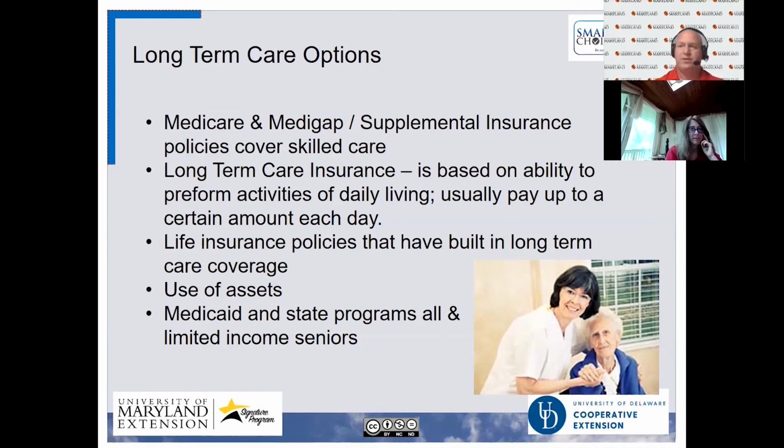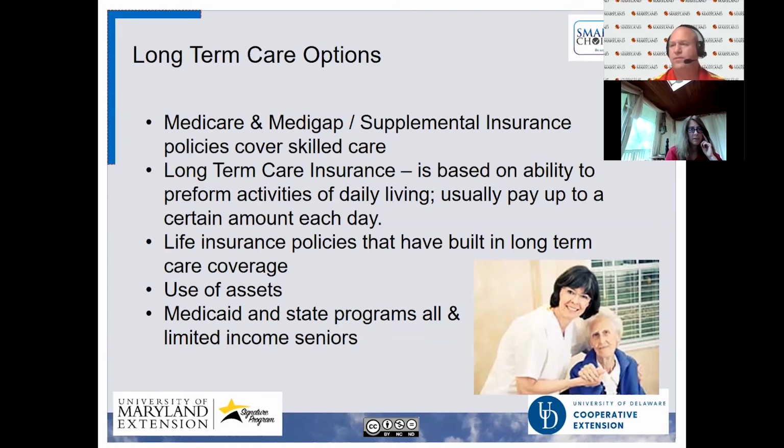And so you got to make sure that you have the care that you need, and again, is within your financial means. There are some situations where life insurance policies have built-in long-term care coverage. And it is expected that you will use your assets to cover your long-term care options.